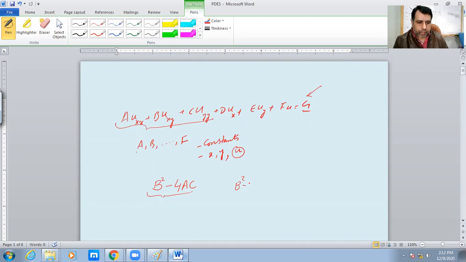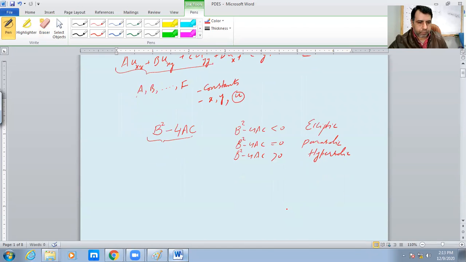If b square minus 4ac is less than 0, we say the problem is elliptic. And if b square minus 4ac equals 0, the problem is parabolic. And if this discriminant is greater than 0, we say the partial differential equation is hyperbolic. So I would like to give you some examples.